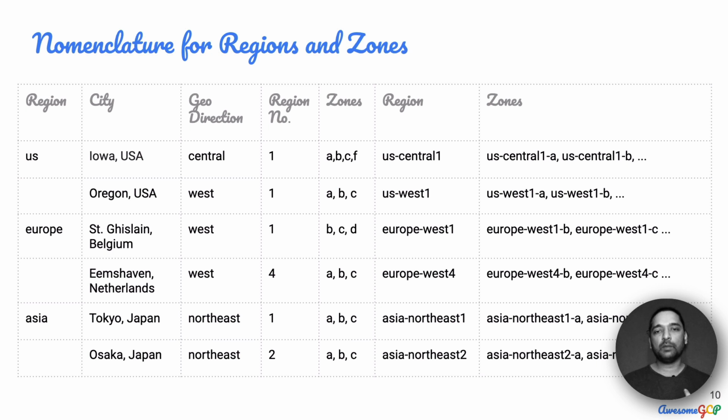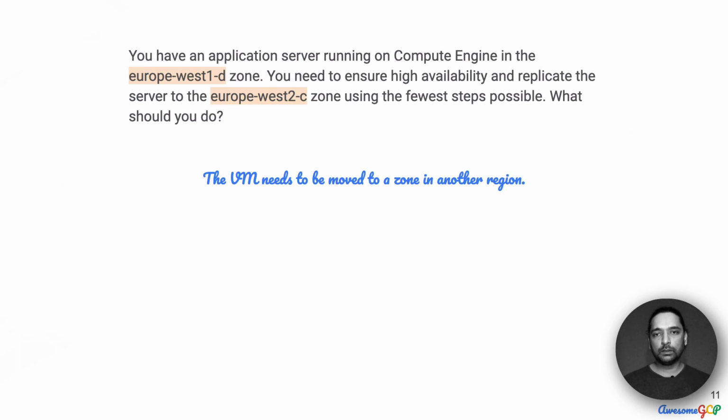So the way you name a region is you have the region plus the geographic direction like central, west, or east or northeast, any of these, attached with a number. The zones within them additionally have a letter depicting the zone. So the complete definition of a zone would go like US Central 1A, US Central 1B. In comparing that to the project requirement we have, the two zones are Europe West 1D and Europe West 2C.